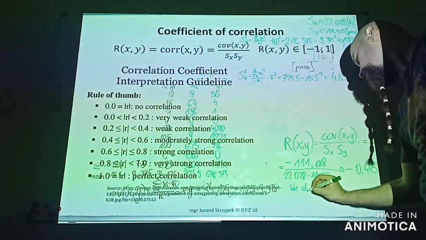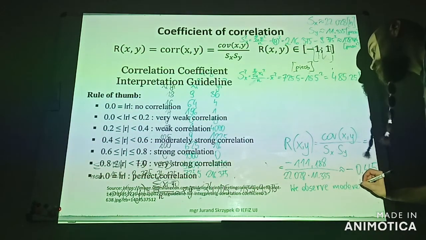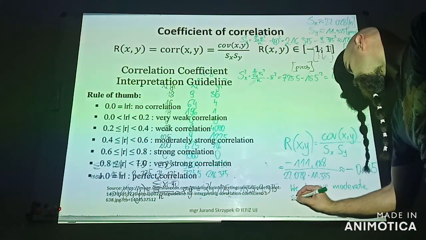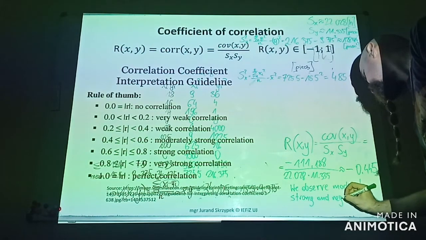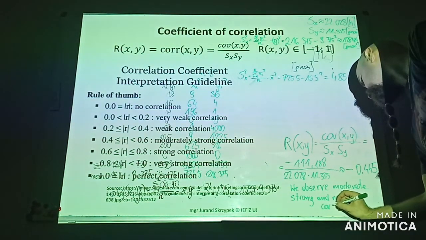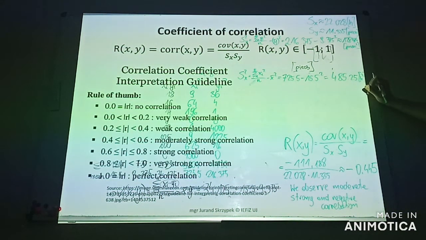So here we observe moderate strong and negative correlation. So it is what we have expected. This correlation is only moderately strong. There is a relationship, but it is moderately strong.